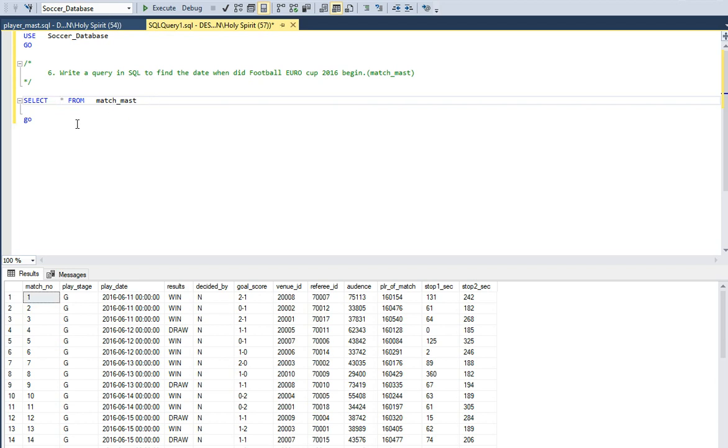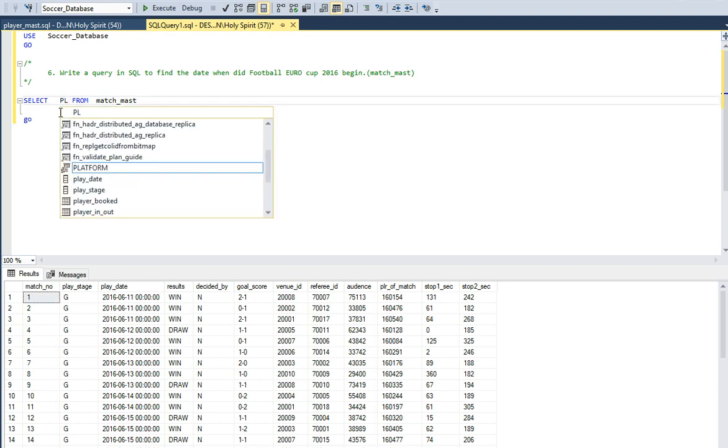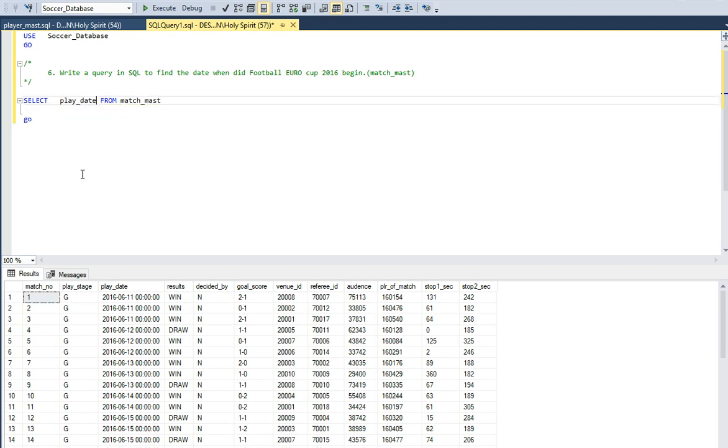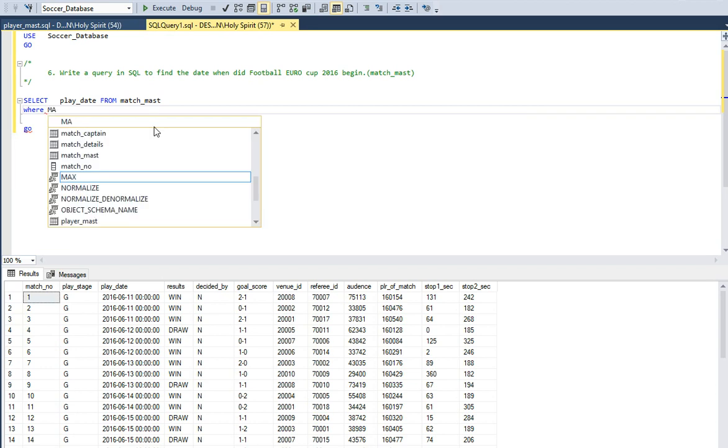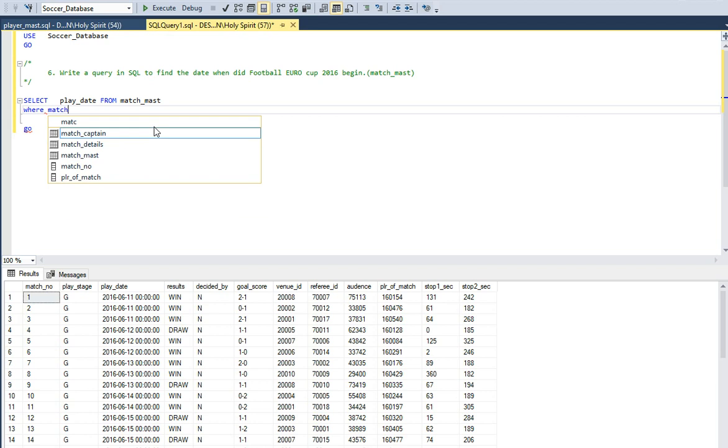Select play date where match number is equal to 1.